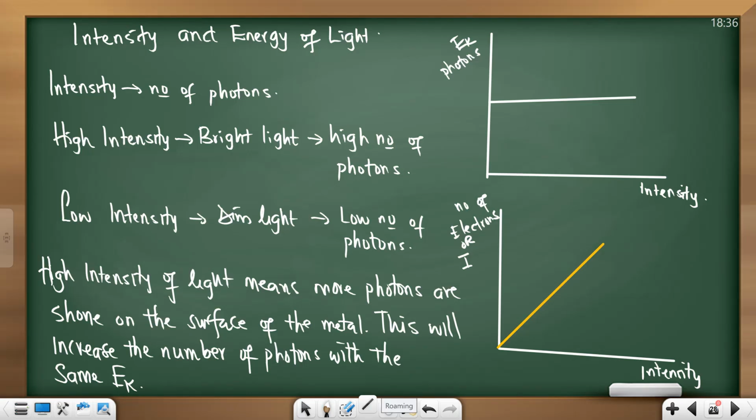All right. That's why I said high intensity of light means more photons are shone on the surface of the metal. This will increase the number of photons. Let me also say, increase the number of photons. I've made a mistake here. This should increase number of electrons. Sorry. Number of electrons with the same kinetic what? Energy.